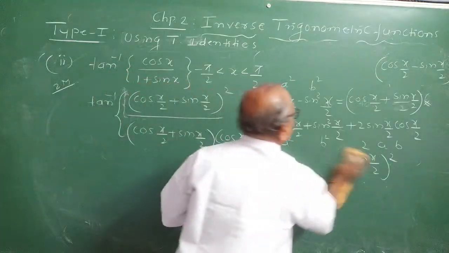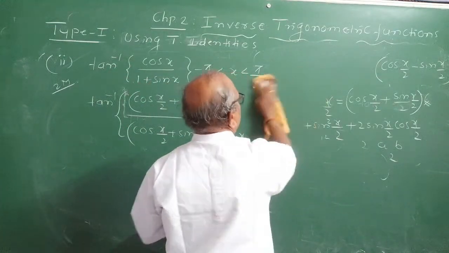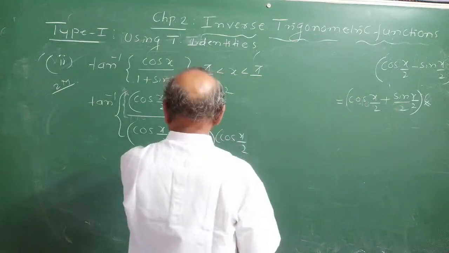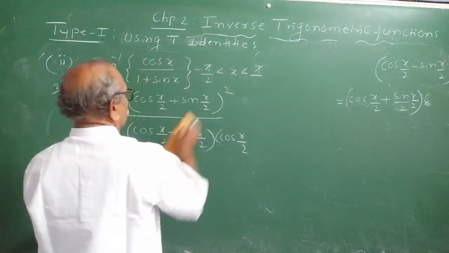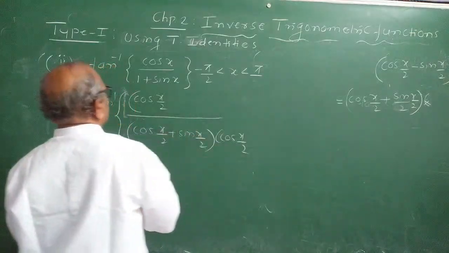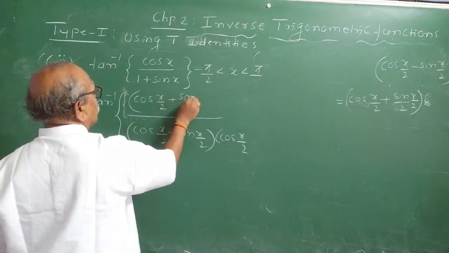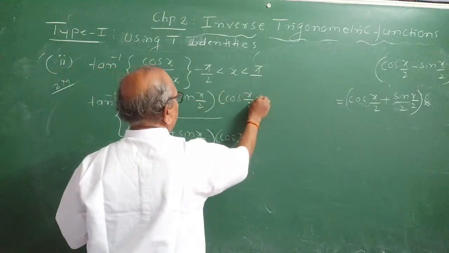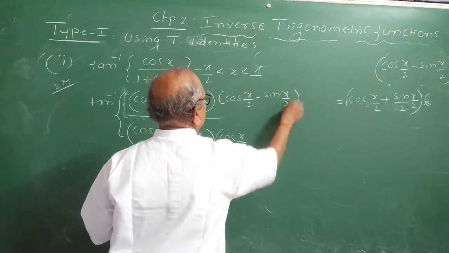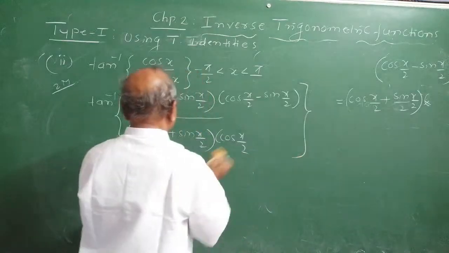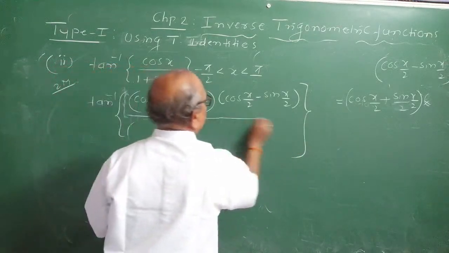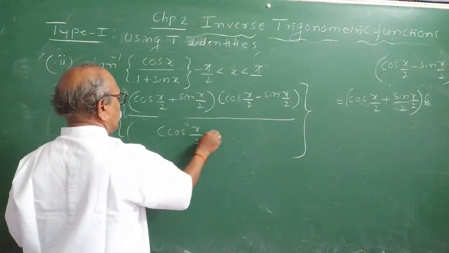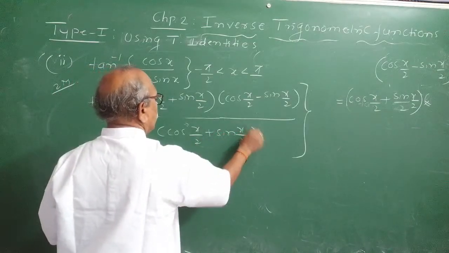Just now I discussed it. Numerator is cos x by 2 plus sin x by 2 into cos x by 2 minus sin x by 2, and 1 plus sin x can be written as cos x by 2 plus sin x by 2 the whole square.